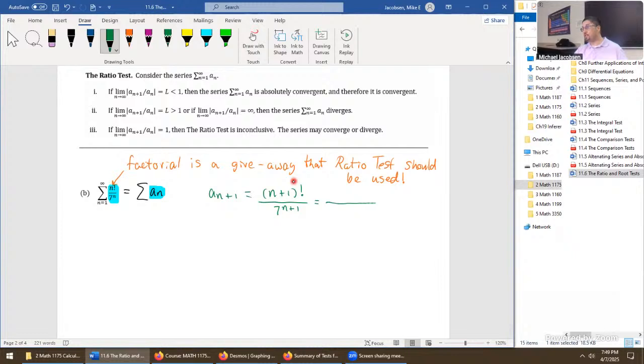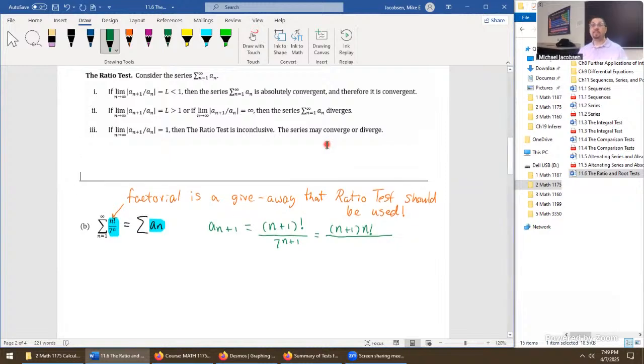And you know what? Let's just simplify this one right here as we're on it. This is going to make the work in the limit a little bit more manageable. N plus 1 factorial can simplify in a lot of different ways. But one way to do it is n plus 1 times n factorial in that kind of way. Yeah, that'd probably be a good one to show because it's going to support the steps on the next stage.